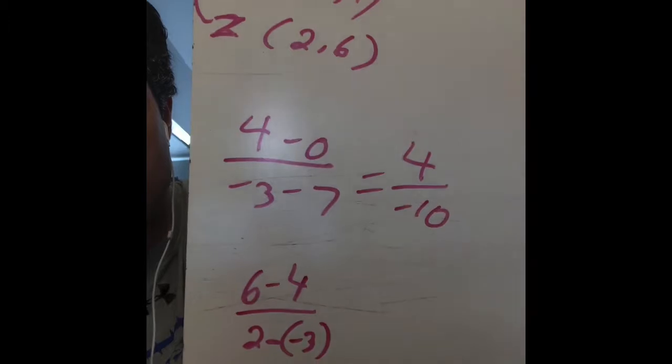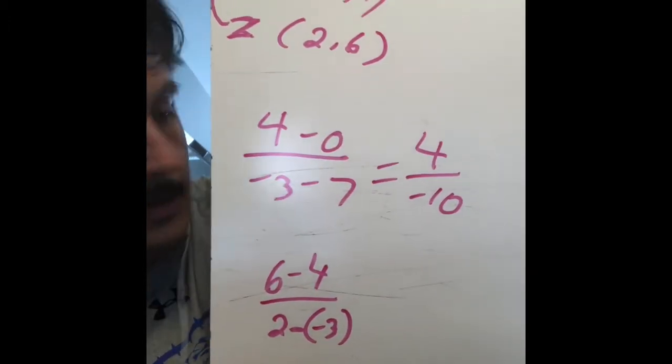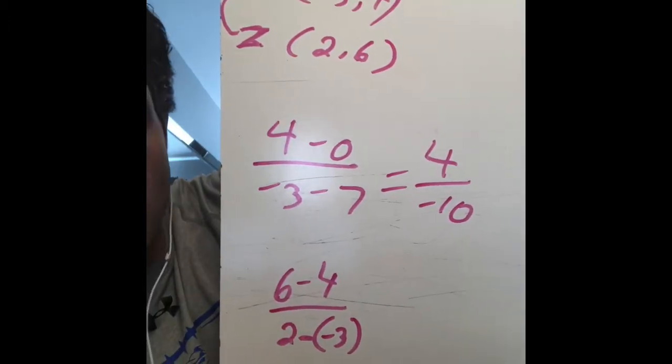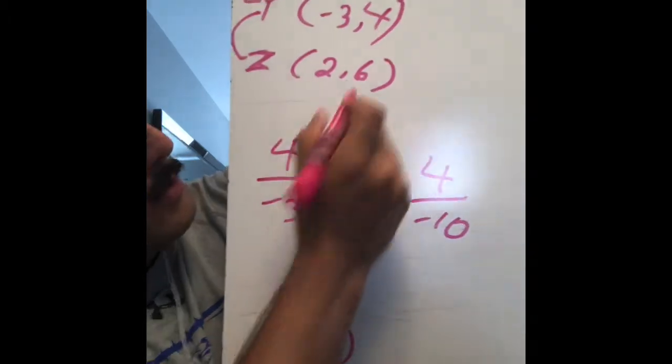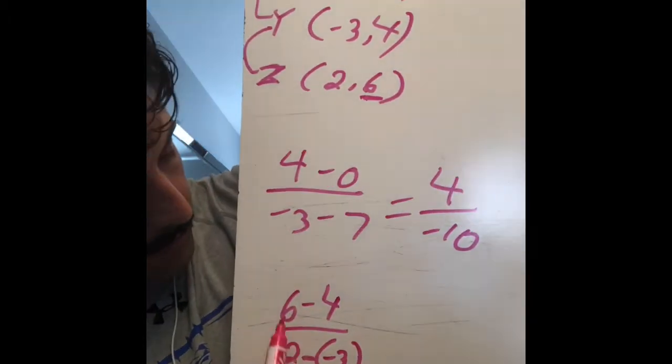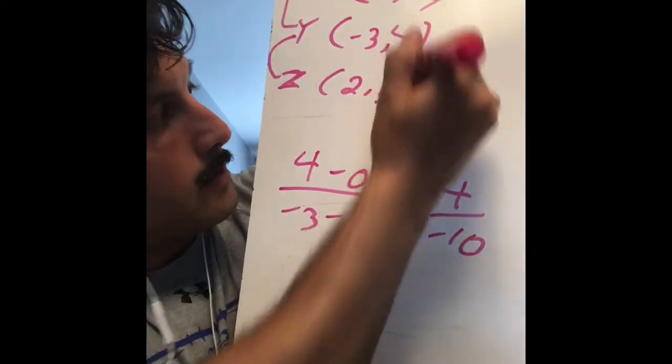Good enough. That's fine. Let's check YZ. So now we're going 6 minus 4 over 2 minus 3. So there's YZ. We've got 6 as a Y2 right here. We've got 4 right there.